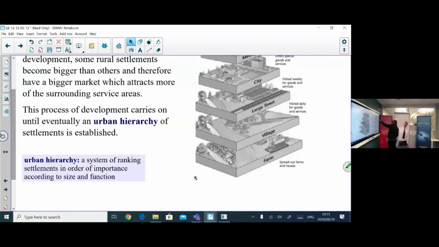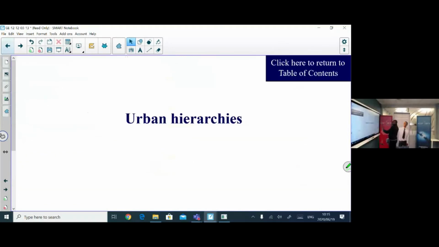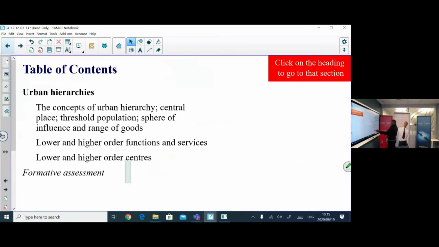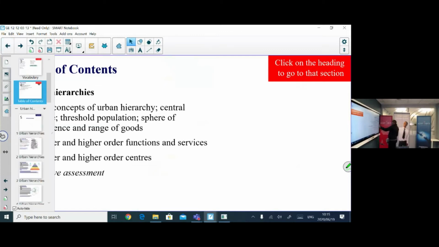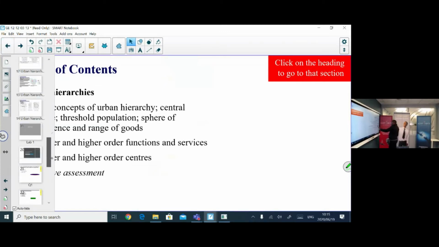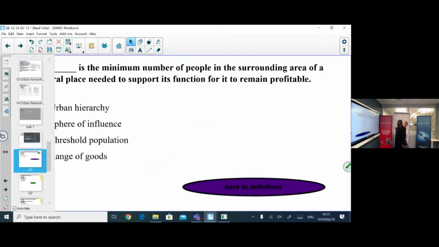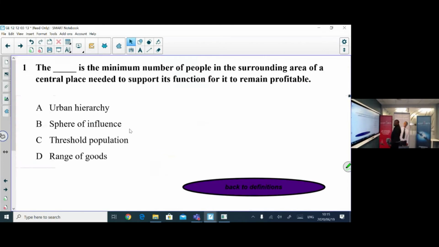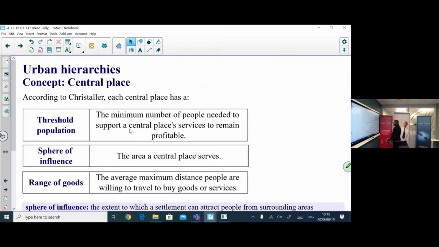So we need to go back. Let's go back to the question. When you look at sphere of influence, is it the minimum number of people? What is the definition of sphere of influence? We can come back here and look at our definition.